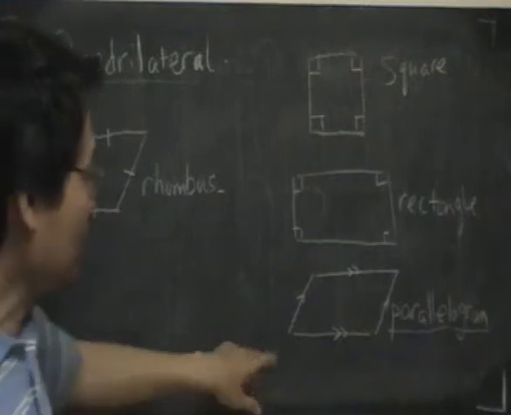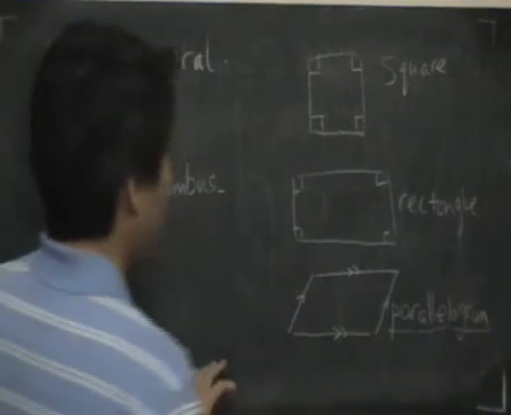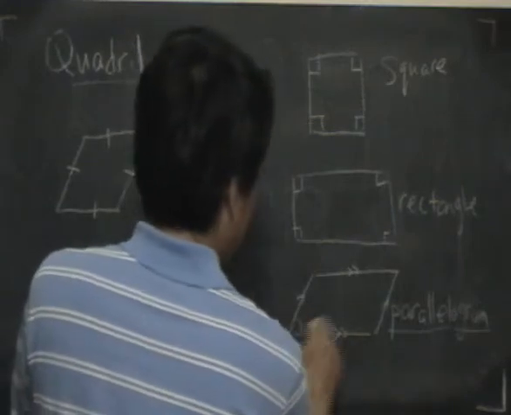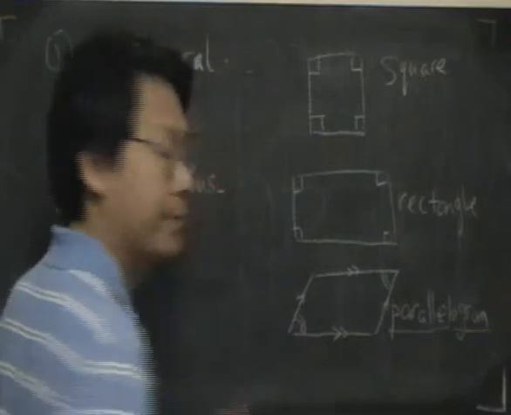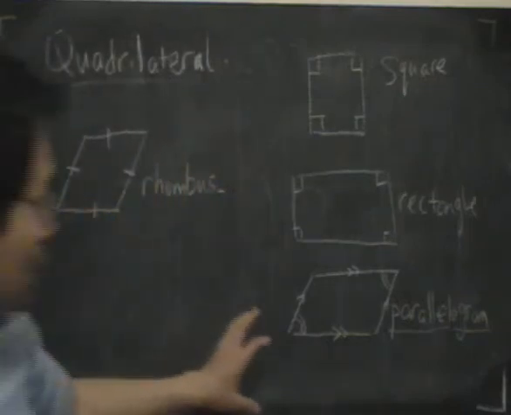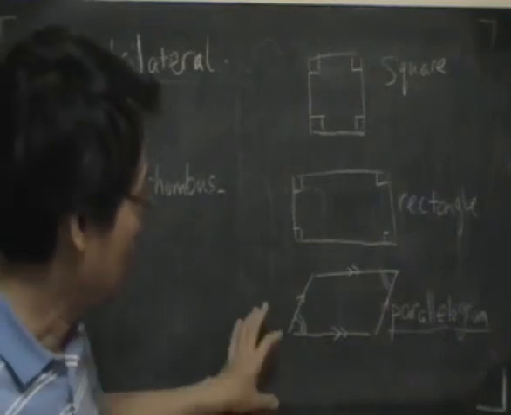Now, there is something special about the angles in a parallelogram. The opposite angles are equal. You can easily tell because it is symmetrical. The shape looks symmetrical.